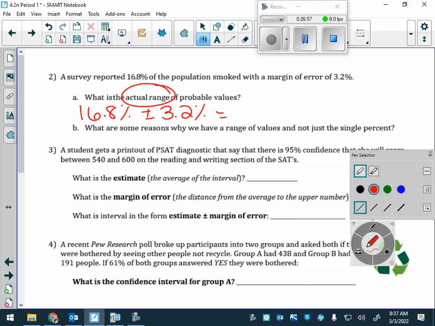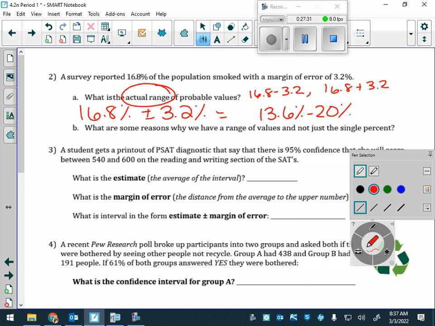So you take 16.8 minus 3.2 to get 13.6%, and then you have 16.8 plus 3.2, which is 20%. That's the simple formula given. So you have 13.6 to 20% as the range.